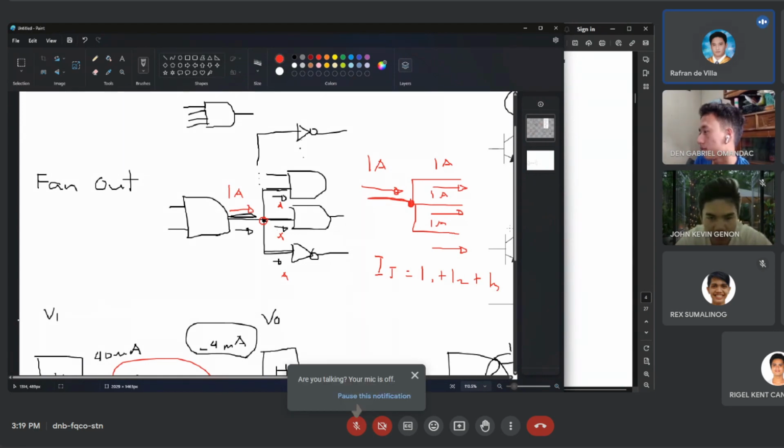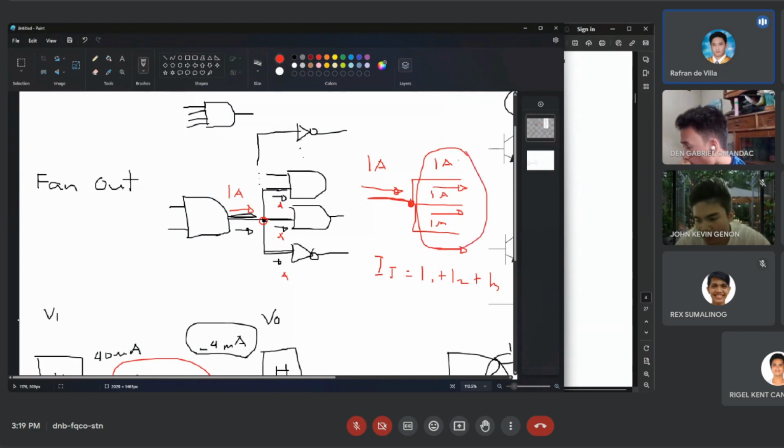Okay? So guys, take note ha. Kung nakakonect gani na in parallel, the summation of all current leaving the node is equal to the current entering the node.